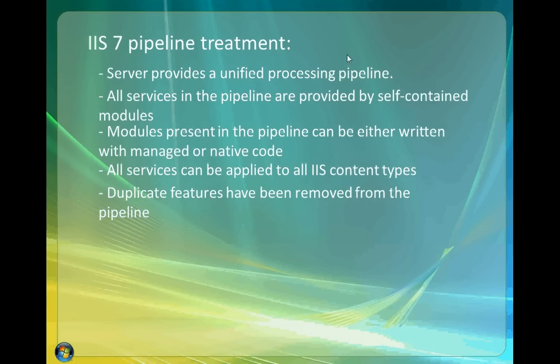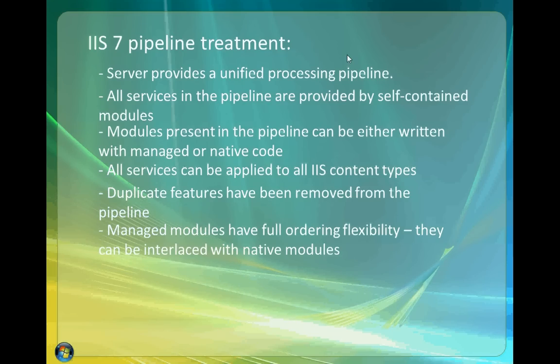There's only one place where we configure authentication. There's only one place where we can configure custom error pages. We don't need to do it for IIS and for ASP.NET. And of course, if I have several modules that are subscribed to the same event, so for example, in Authenticate, there are ways in which I can say which module should run first.